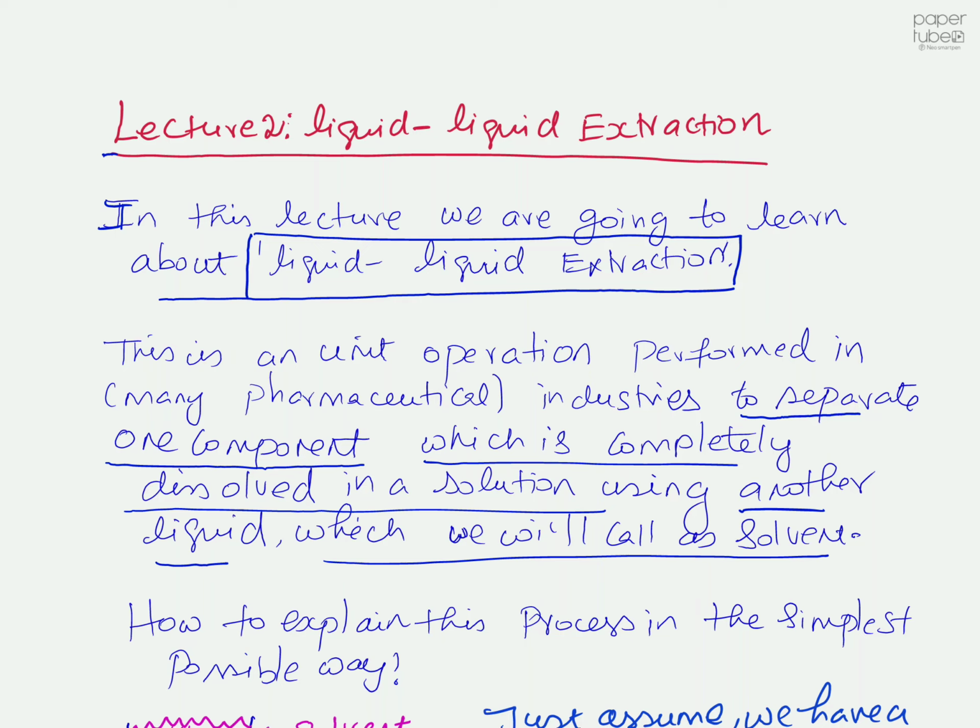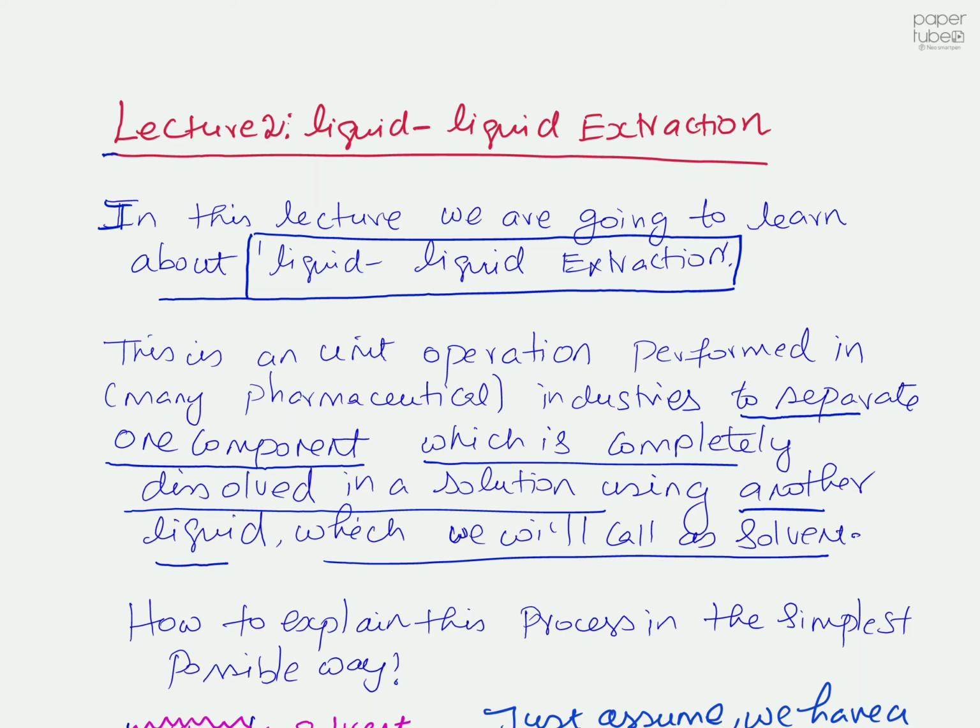You are going to add a bit of solvent and concentrate whatever solute is dissolved in the other liquid. So that's what we are going to do. And this whole process we call a liquid extraction process, because you have two liquids and you are extracting something from one liquid using another liquid.